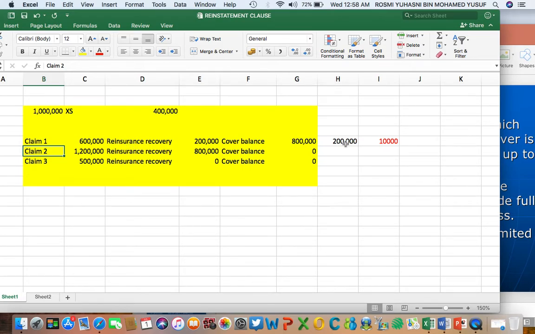But since the insurer has paid additional premium to reinstate the cover back to 1 million for claim number 2, the insurer still has 1 million. So that's how the reinstatement clause works. Okay.